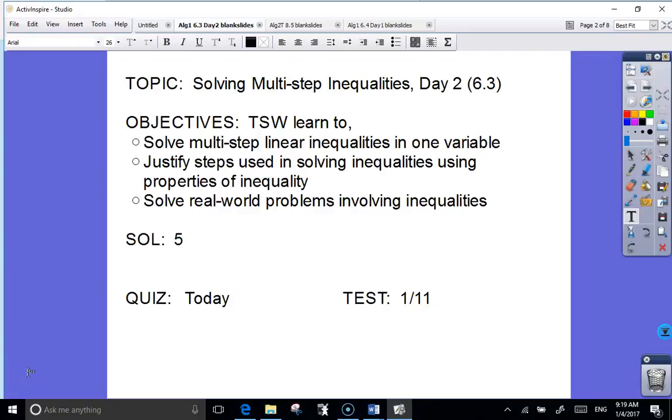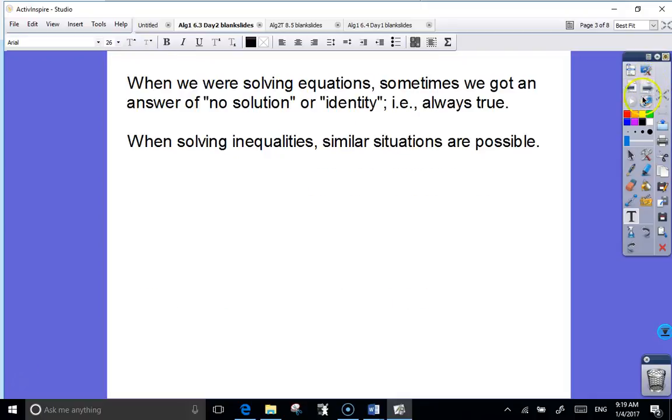Okay, so let's go. This is the second day from the same section, which is solving multi-step inequalities. Just like when we were solving equations, sometimes you could solve an equation and get an identity, which is true for all values.